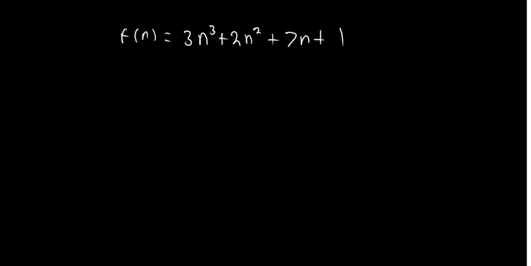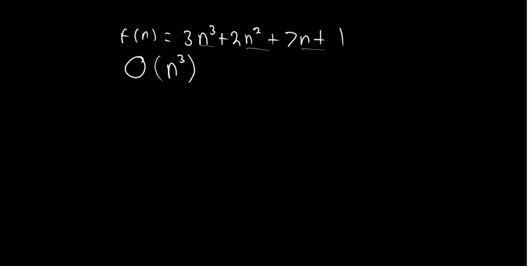What is going to be the order of this function? What is going to be the big O notation of this function? The big O notation of this function is basically the highest order. Which one here has the highest order? Of course, it's going to be n to the power 3. So this is of order n to the power 3, because this is the largest thing that we have over here.